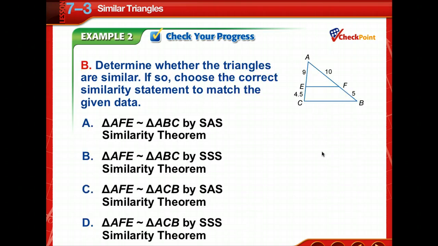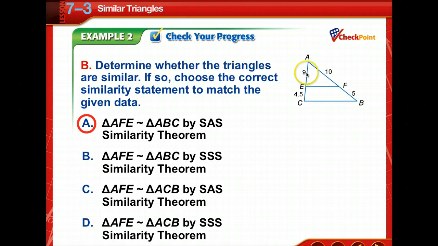Let's try another one of these. Pause for a moment and then come back and check your answer. This one almost looks like it's not going to work because, first of all, angle A is congruent to angle A. Then we're looking at 9 over 9 plus 4.5, or 13.5, and 10 over 15.